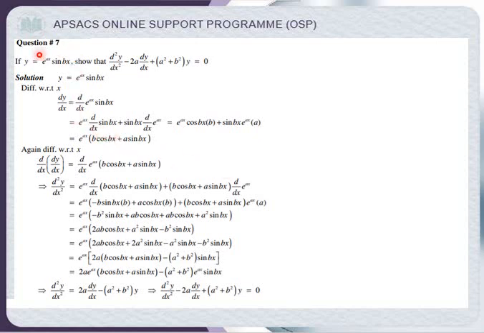Now question number 7. If y is equal to e raised to the power ax sine bx, then show that d square y upon dx square minus 2a dy upon dx plus a square y plus b square y is equal to 0.